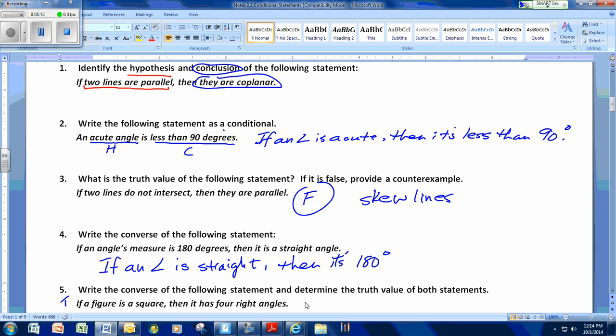If I flip-flop it and write the converse, if a figure has 4 right angles, then it is a square. That would be false, because a rectangle also has 4 right angles, but is not a square.